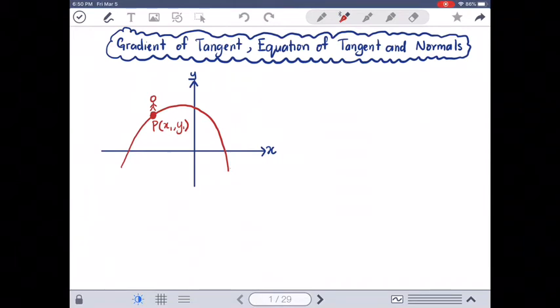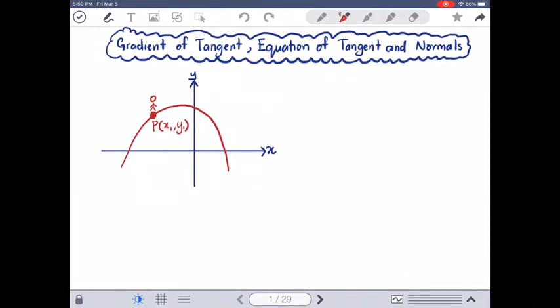So what is the steepness of that point? And what is the gradient of that point? How steep your position is?